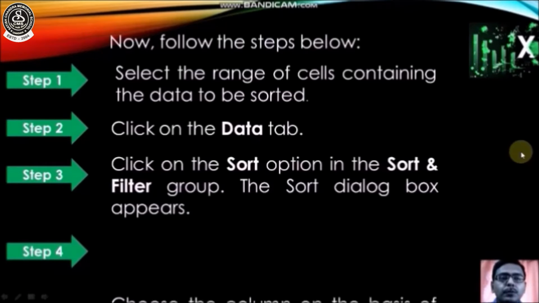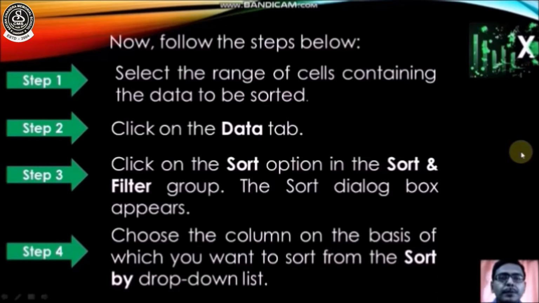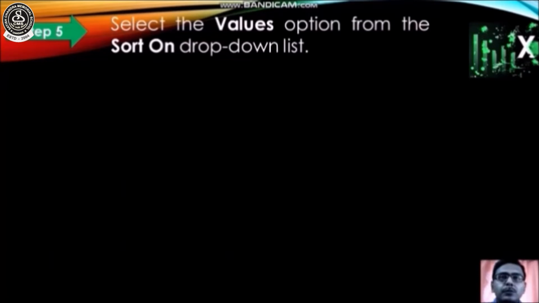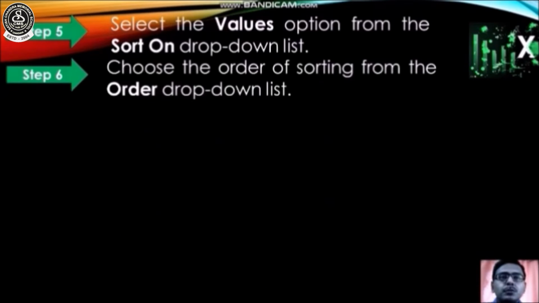Step number 4, choose the column on the basis of which you want to sort from the Sort by drop down list. Step number 5, select the Values option from the Sort On drop down list. Step number 6, choose the order of sorting from the Order drop down list.